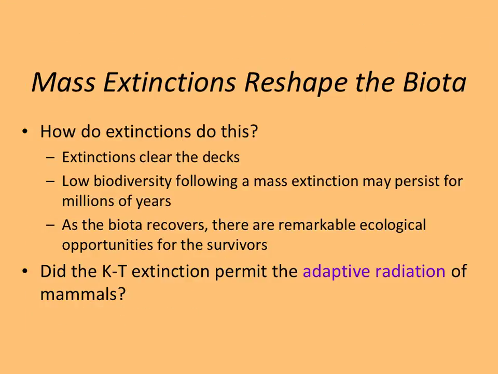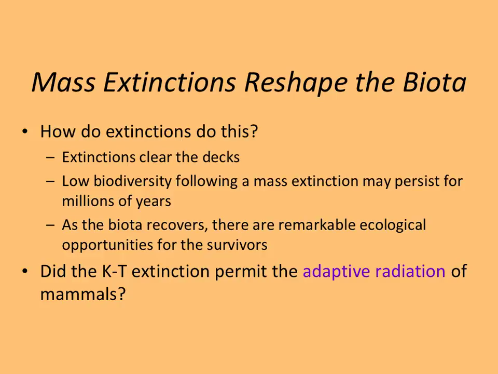So, mass extinctions, like I said, completely reshape what's called the biota, the living planet. They kind of clear the decks. So for a while there's very little biodiversity, it starts to recover, but at that point the surviving taxa have very little competition left over.